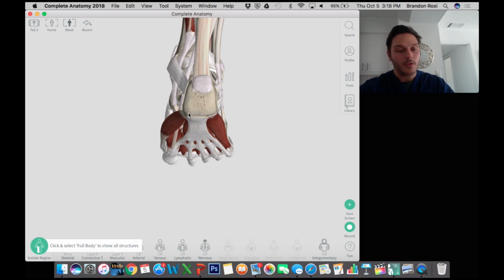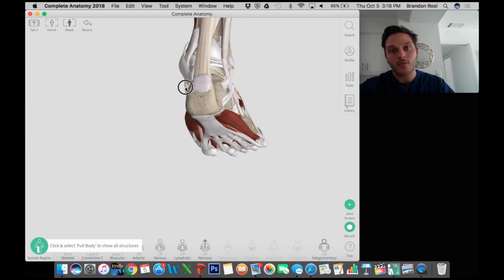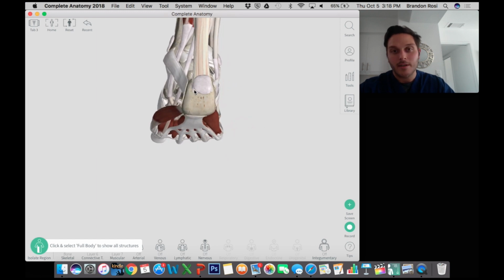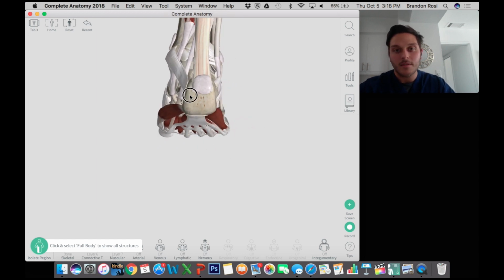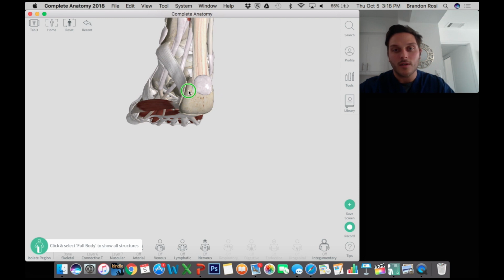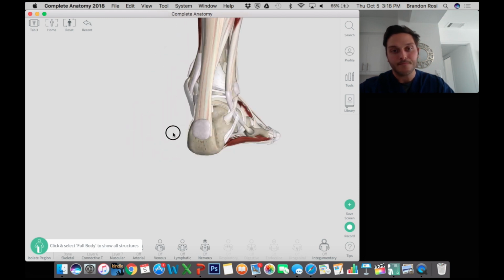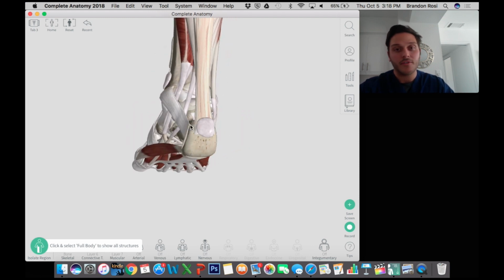The body's two-point discrimination, how well we can tell how much we hurt from here versus here, is not as sensitive or specific as we once thought. So it could be both, and that's why I highly recommend, if you're having ankle or heel pain, to get it checked out by your local physiotherapist, because they're the best ones to tell you what's going on, why you're feeling it, and what is best to do to treat that injury or joint.